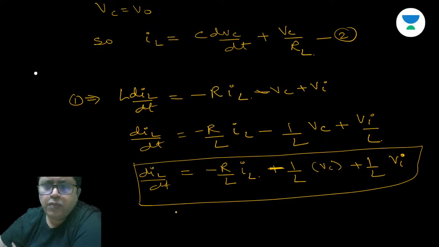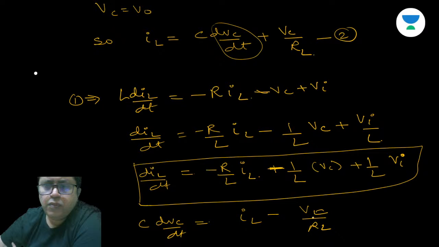Okay, so equation 2, I will take this left hand side. C dVc by dt is equal to IL minus Vc by RL.